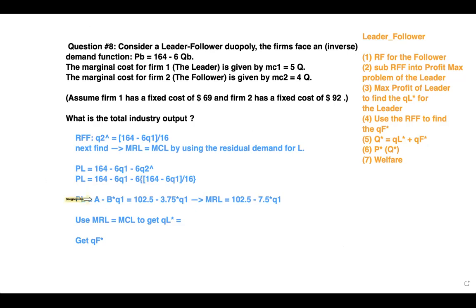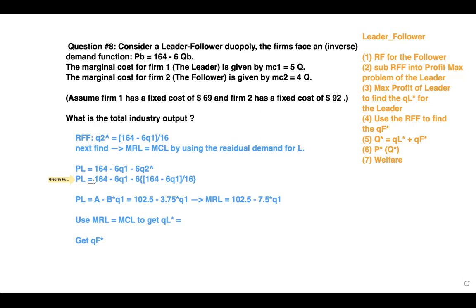And again, you don't really have to do that. Remember that marginal revenue comes from just the revenue, which is the price times the quantity. So if I wanted to, I could take this line here and multiply everything by Q1 because it's price times quantity, right?